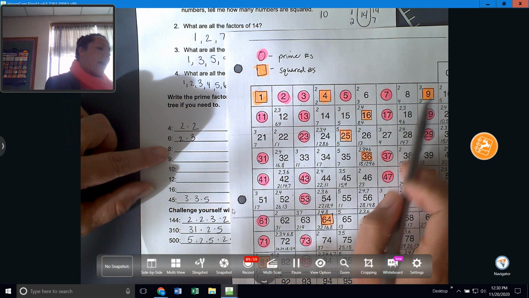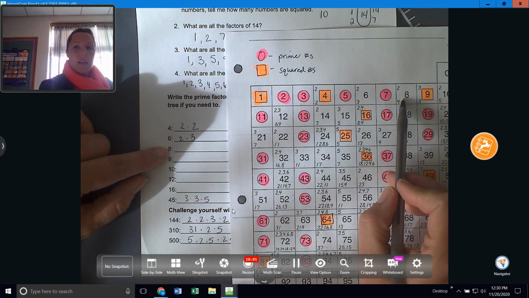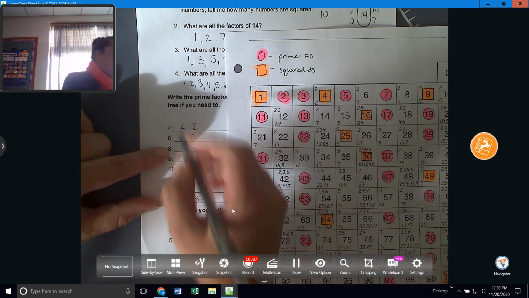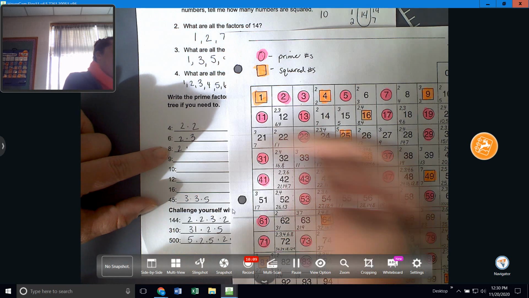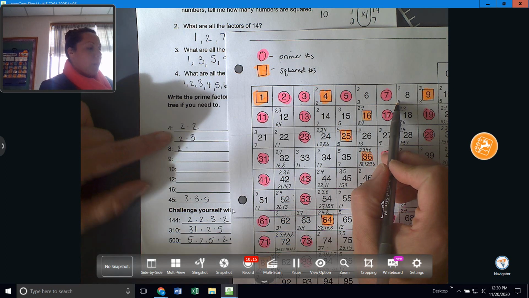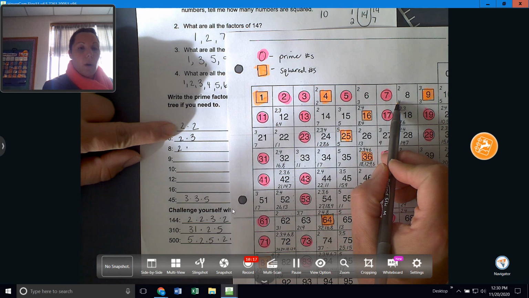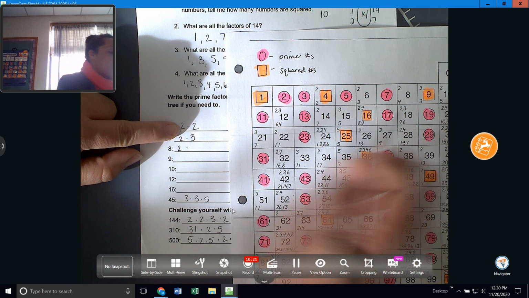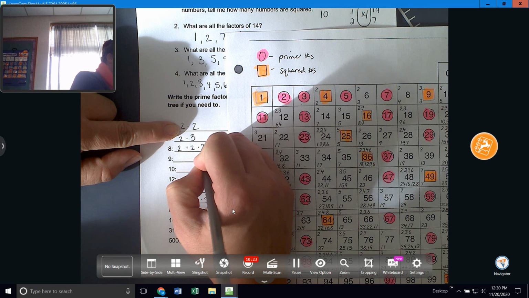I need the factors of 8. Well, 2 times 4 is 8. Okay, so I have the 2, but I can't put the 4 because 4 is not prime. I have to break 4 down. Well, if I look up here, what did I do for 4? I did 2 times 2. So I need to just bring that down.